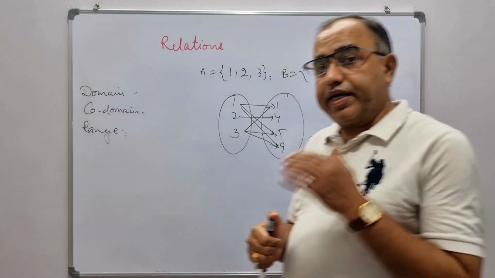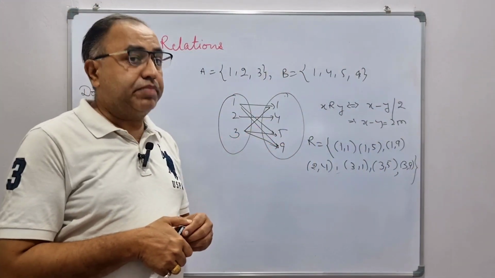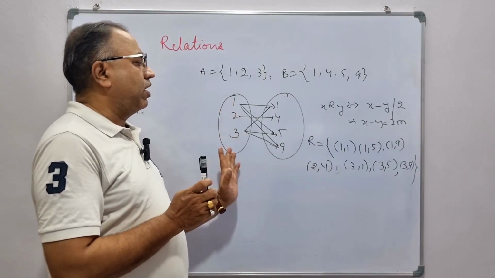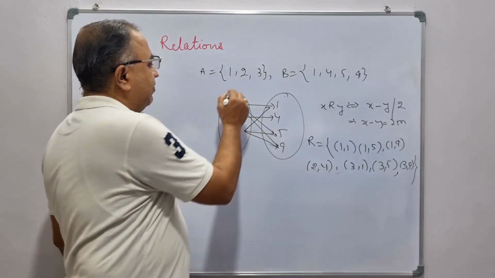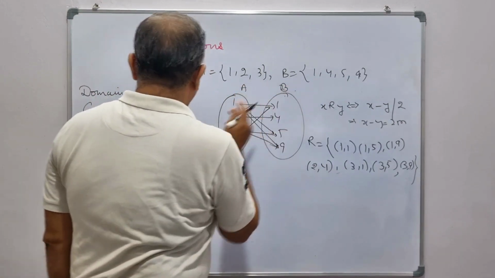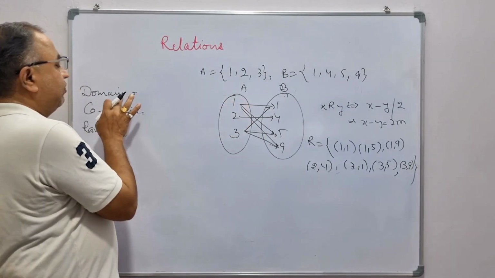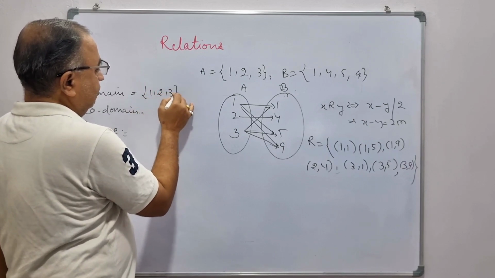All elements of set A which are related with the elements of set B, they form the domain. For example, here 1, 2, 3 all are related to some or other elements of set B. So that means when you are finding the domain, all the entries of A which are related to B will come in the domain. So here the domain will be 1, 2, 3.